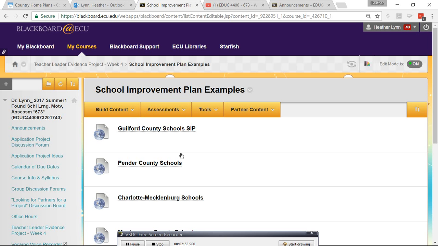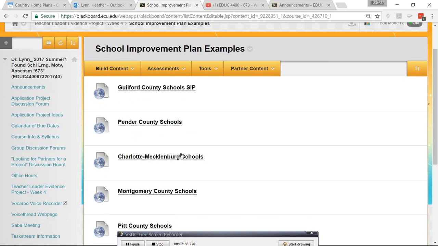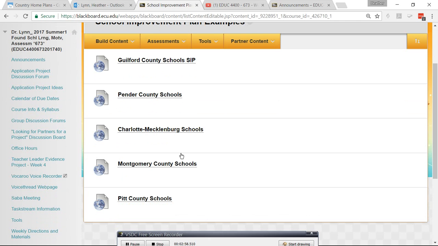So if you cannot access a school improvement plan through your own school, then you can always use one of these. I would just recommend finding a plan for a school that might be similar to the one you're currently working in, or a school similar to one that you plan to work in. That way you can find something similar to what you're interested in.